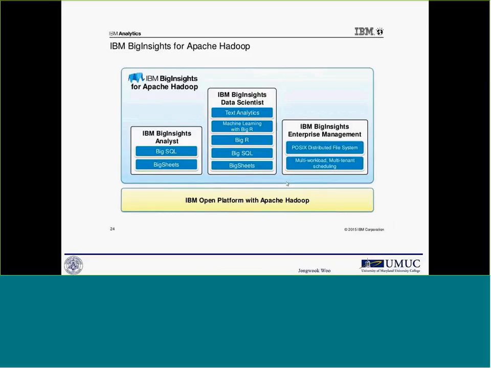Also, recently IBM BigInsights has been improved a lot, especially for Apache Hadoop. So it provides Hadoop and many ecosystems. Besides, for the data analysis, it supports BigSQL and BigSheets. Again, those are MPP-based interactive SQL services that can support Hive and Pig.